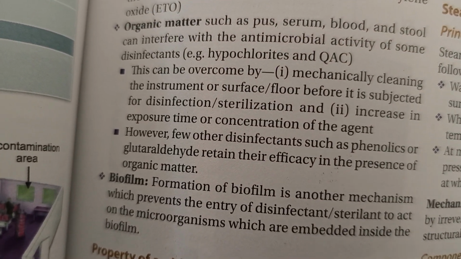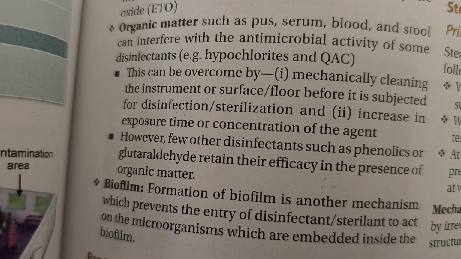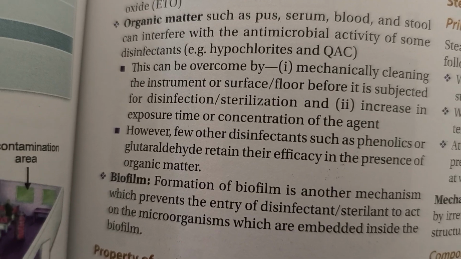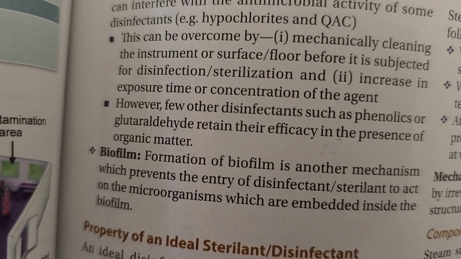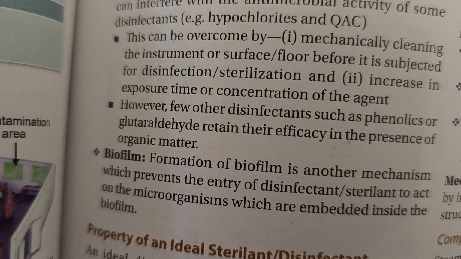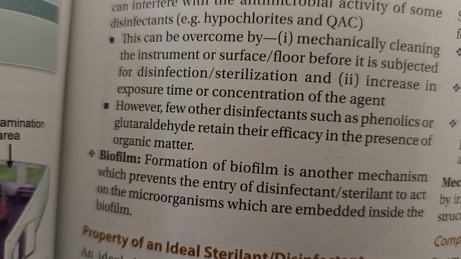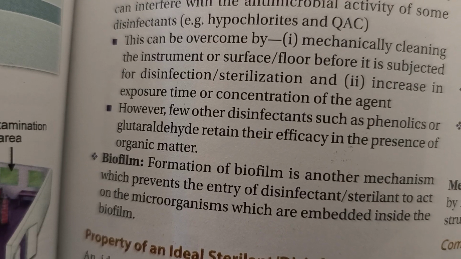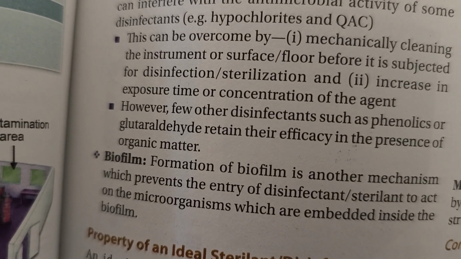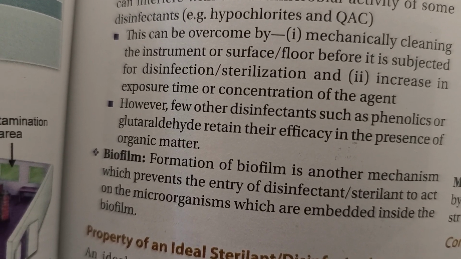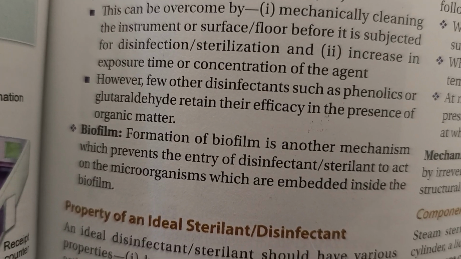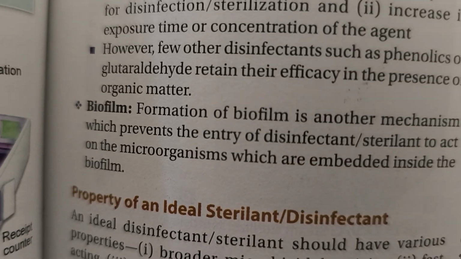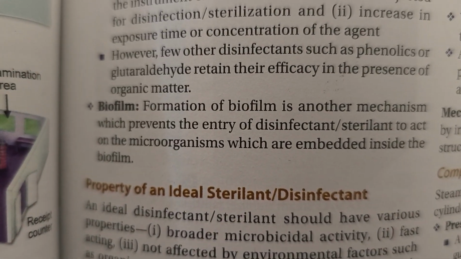Then organic matter such as pus, serum, stool and blood can interfere with the antimicrobial activity of some disinfectants, for example hypochlorite and quaternary ammonium compounds. This can be overcome by mechanically cleaning the instrument or surface or floor before it is subjected to disinfection or sterilization, and by increase in the exposure time or concentration of the agent.